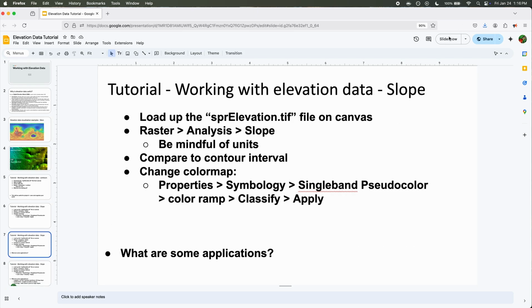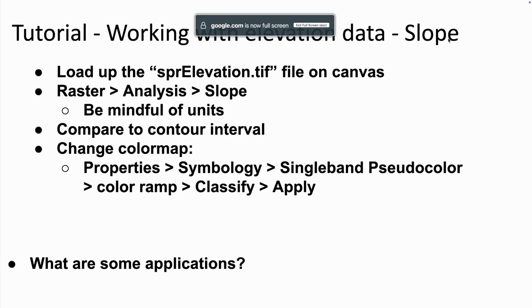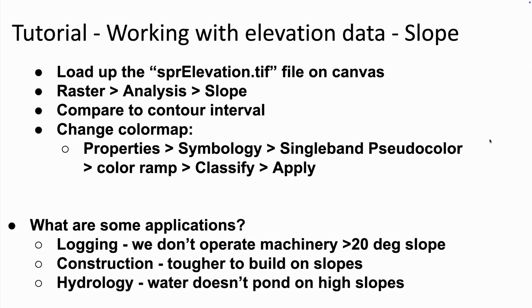What are some applications where we would want to know the slope, the contours, the elevation, the changes in these values for doing some real projects? I encourage you to pause here, ponder that question that I just posed, and then unpause for some answers that I'm going to give. And I suspect that you probably thought of some good ones because there are many.